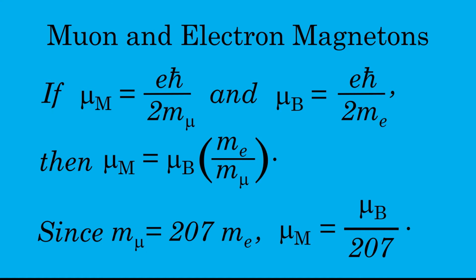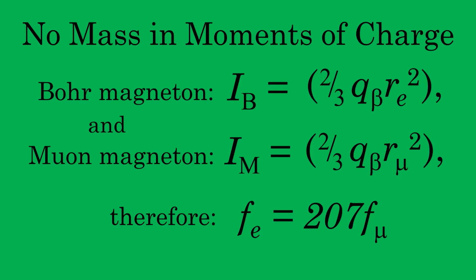The difference between the Bohr magneton and the muon magneton is the masses of the electron and the muon. Since there are no mass terms in the moment of charge, this difference apparently manifests itself in the frequencies of the particles. The electron frequency is 207 times the muon frequency.